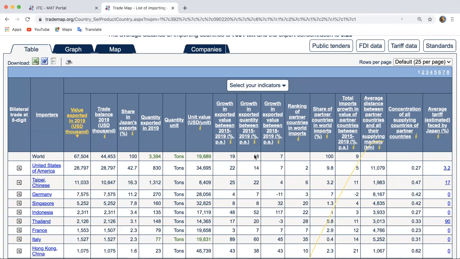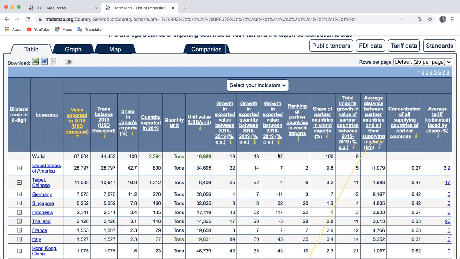They also grew by 18% in quantity. So the unit value stays very stable over those years. There's not a big difference between those two values, which is interesting. We can say that it's a very stable price you'll be getting for Japanese green tea.